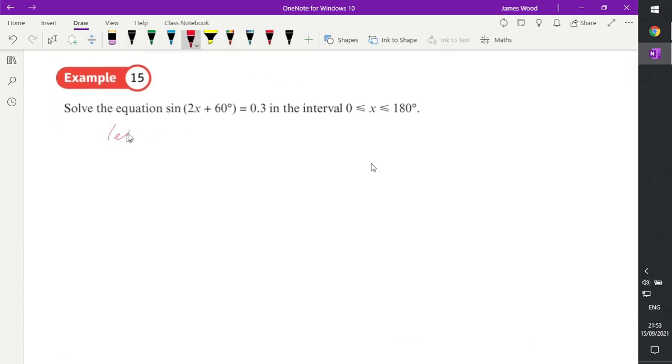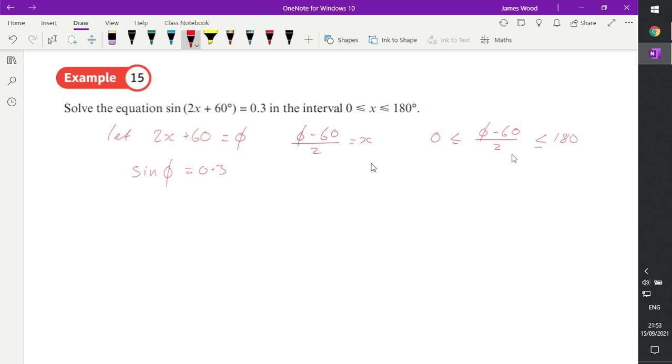So I'm going to let 2x + 60 equal φ. So my new question is sin φ = 0.3. I need to change my limits as well. So let's rearrange this for x. So that means (φ − 60)/2 = x. So in my limits, instead of x, I can write (φ − 60)/2, and then 180.